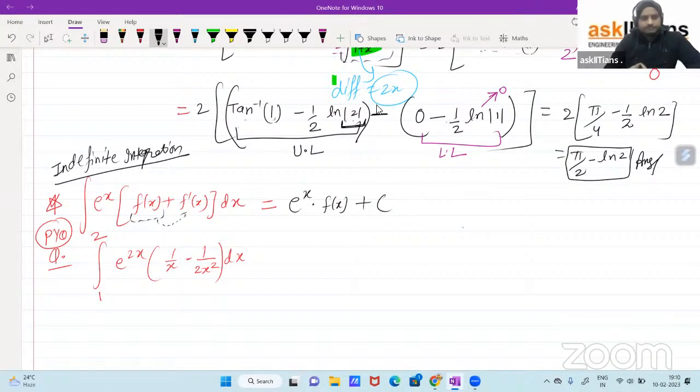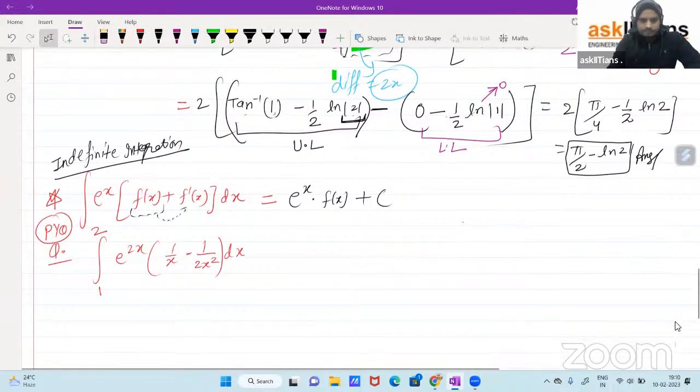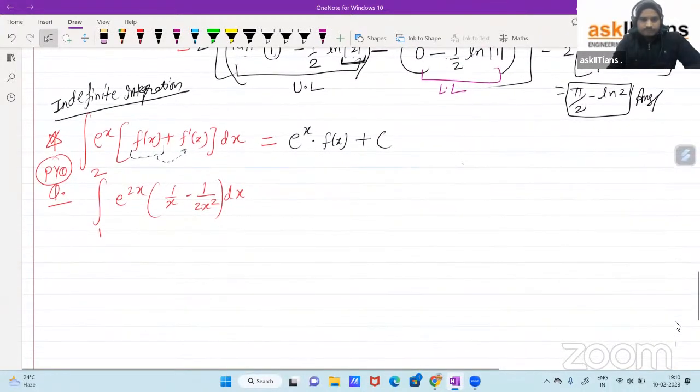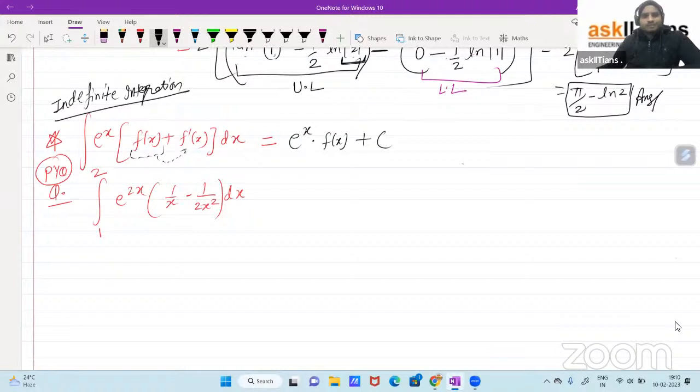Try this. So, this is your 2x now, but in the formula it was x. So you have to make it x type.